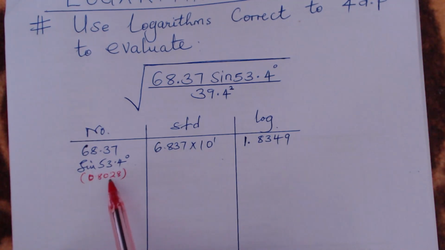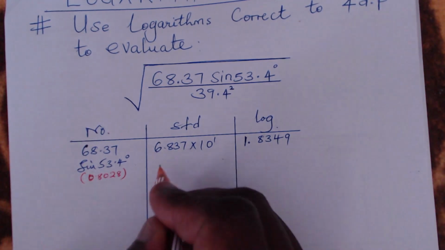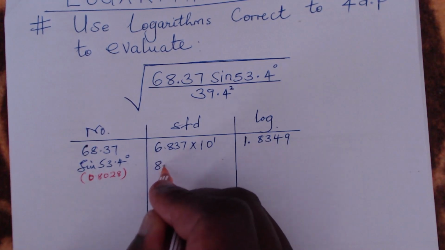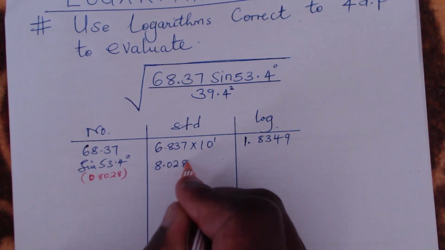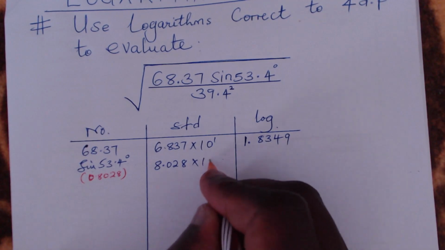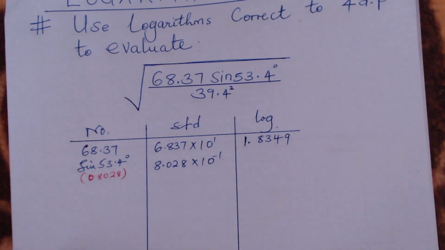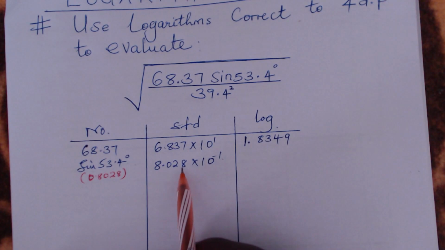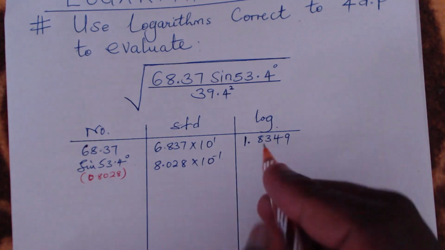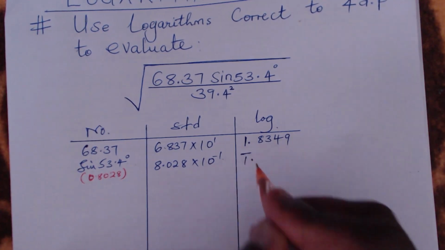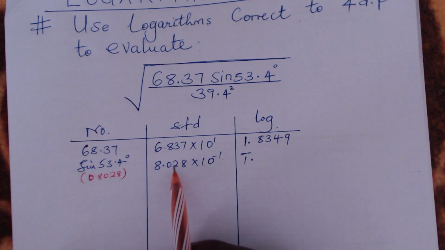So write this one in standard form. You get it as 8.028 multiplied by 10 raised to power negative 1. Logarithm of 10 raised to power negative 1 is bar 1. Then logarithm of 8.028.